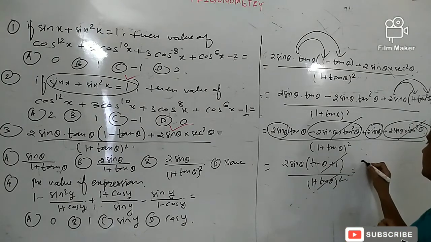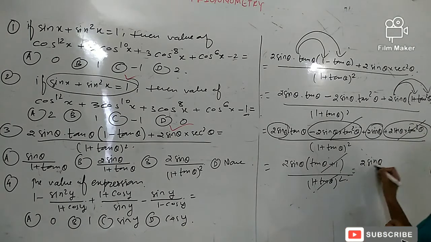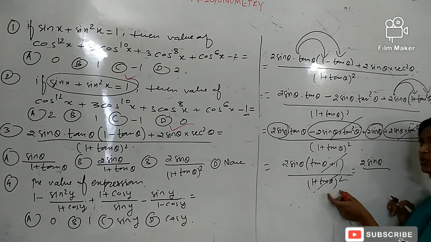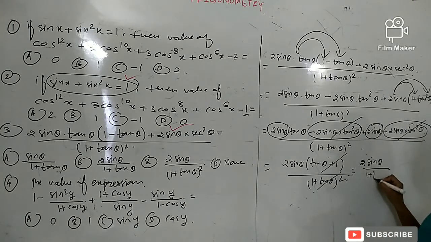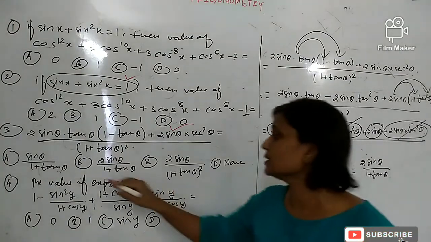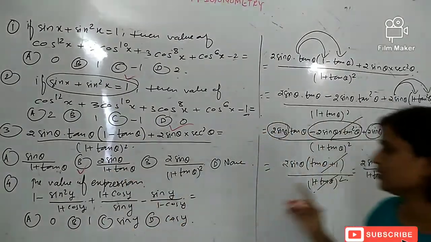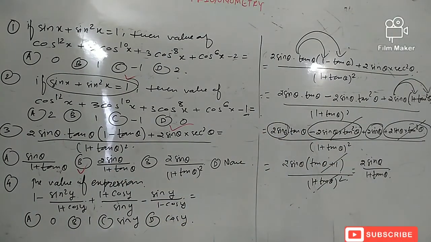After cancelling I will get 2 sin theta, and this is the square bracket, this is the power 1 bracket. So one factor of 1 plus tan theta remains here. I think this is given in the options, and it is 2 sin theta divided by 1 plus tan theta, which is option B. So the correct option is B in this case.